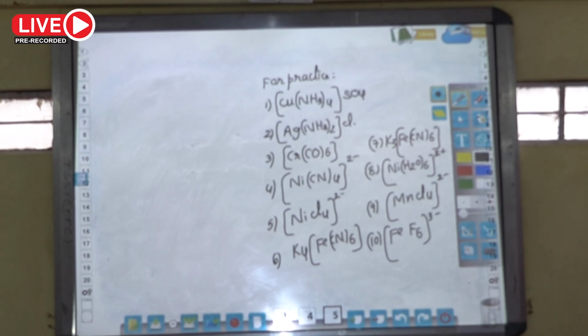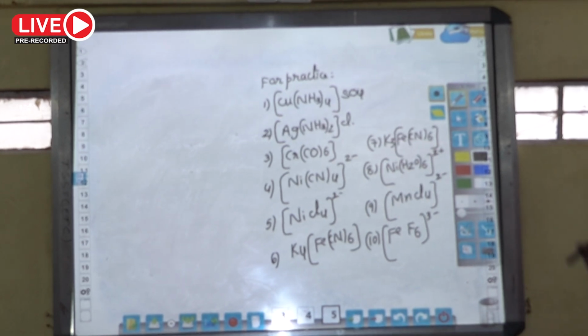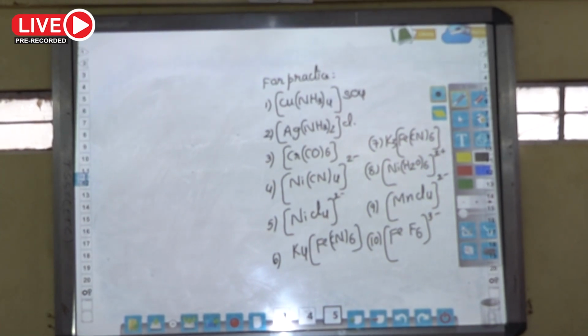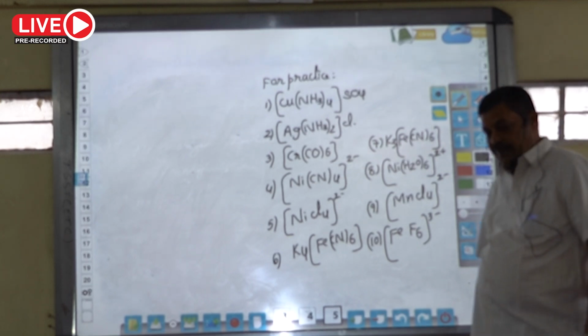So all these we will write in a similar way, just as I wrote the electronic configuration, how the metal ion is providing vacant orbitals for bonding, and how the vacant orbitals are mixing to form hybrid orbitals.